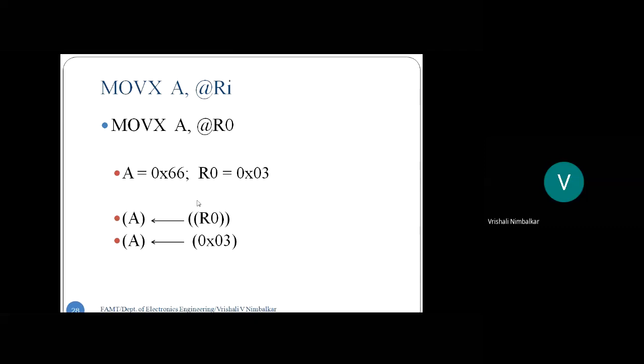R0 is a pointer, meaning the contents of R0 is an address. And what is that address? 3 hex. What is this 3 hex? It's an address of external RAM memory. Correct. And the data from this RAM address is picked up and copied into the accumulator.